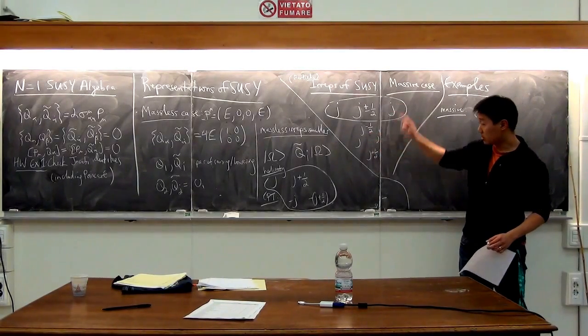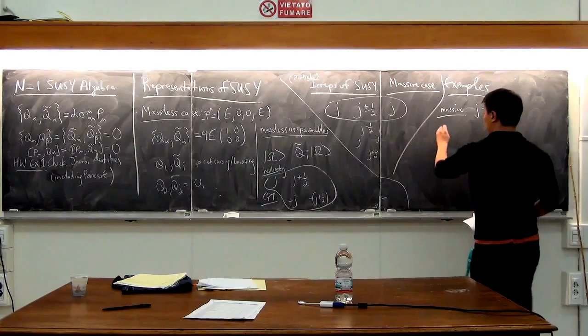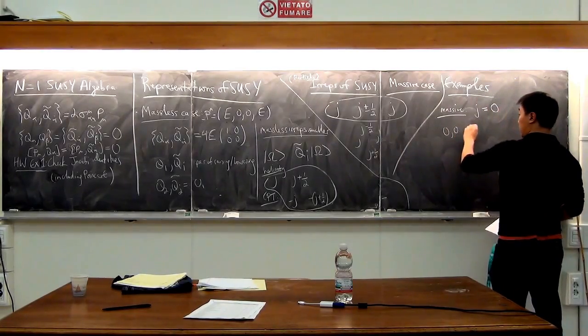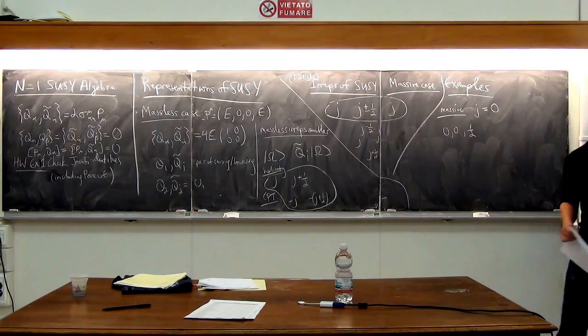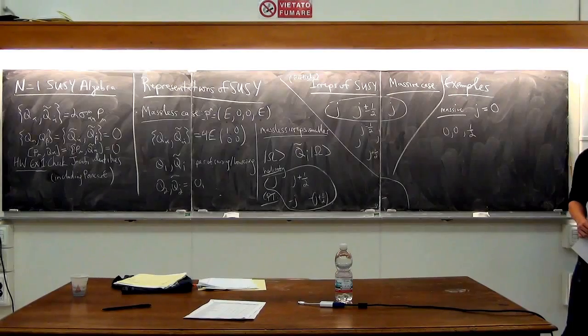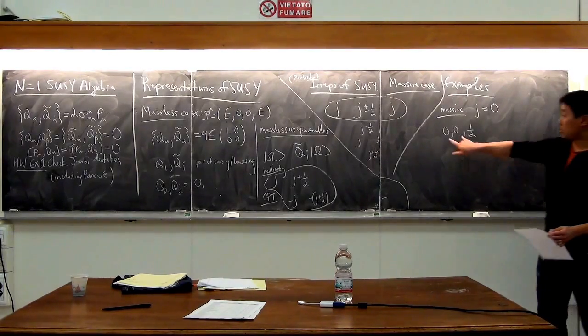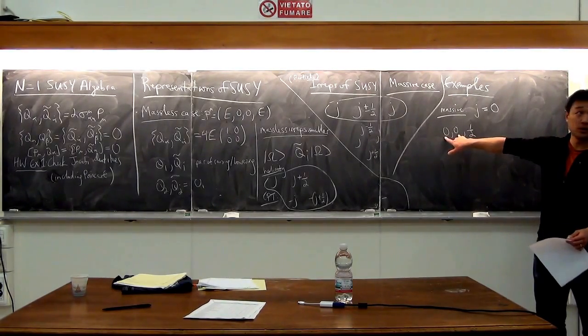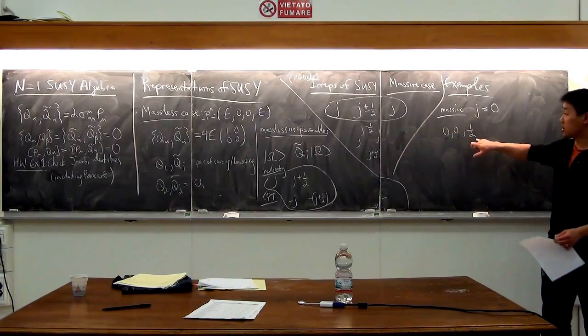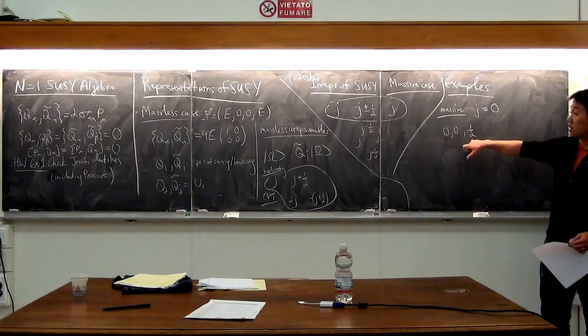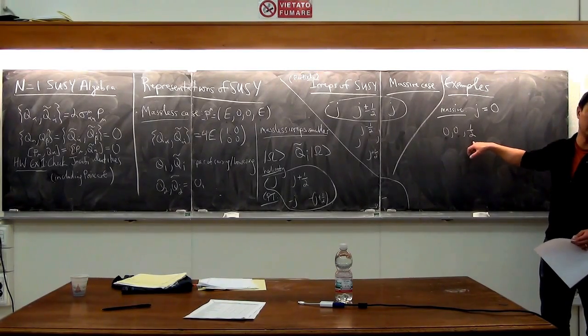So J equals 0 gives 0, 0, a half as the degrees of freedom for the spin. So these are two real spin 0 fields, which form a complex scalar. And this is one spin a half field, so that's one left-handed Weyl fermion.